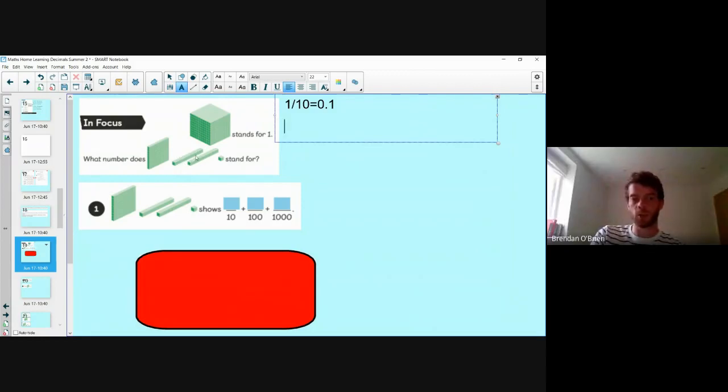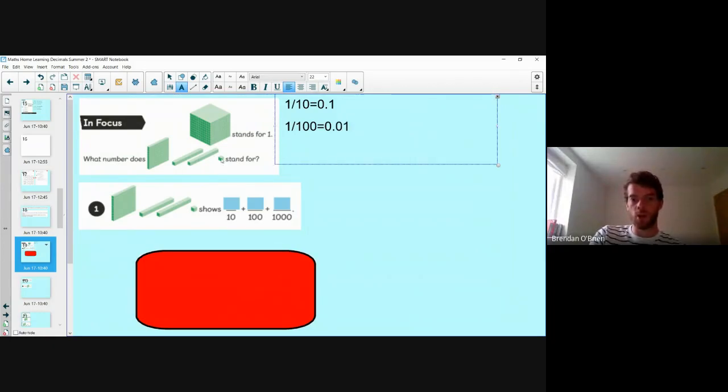Okay, the long ones, we've got 2 here, but let's just focus on this one. How many of these make up this whole block? It's 100. Write that as 0.01.